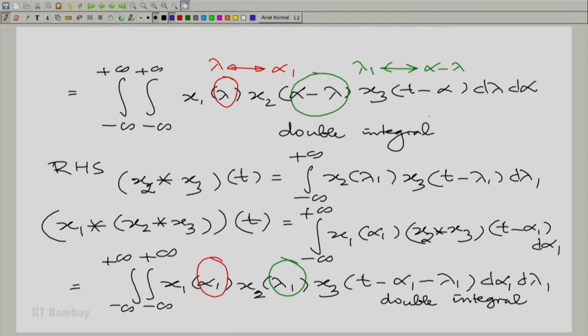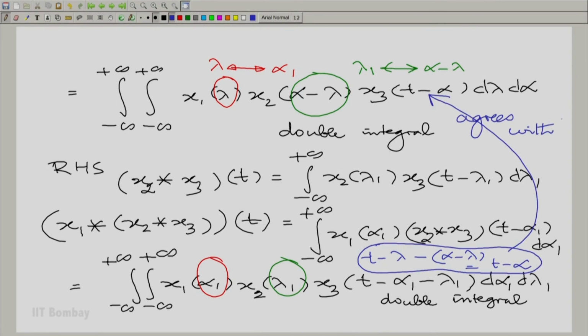When we make this transformation, if alpha 1 is to be replaced by lambda and lambda 1 by alpha minus lambda, then t minus alpha 1 minus lambda 1 would become t minus lambda minus alpha minus lambda, which is essentially t minus alpha, and that agrees with this.